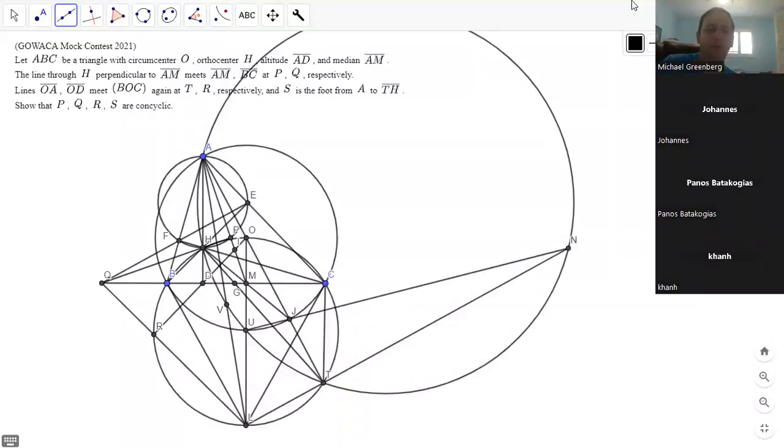If we could show IG is parallel to AD, that solves it. So we can really hide a lot of stuff.